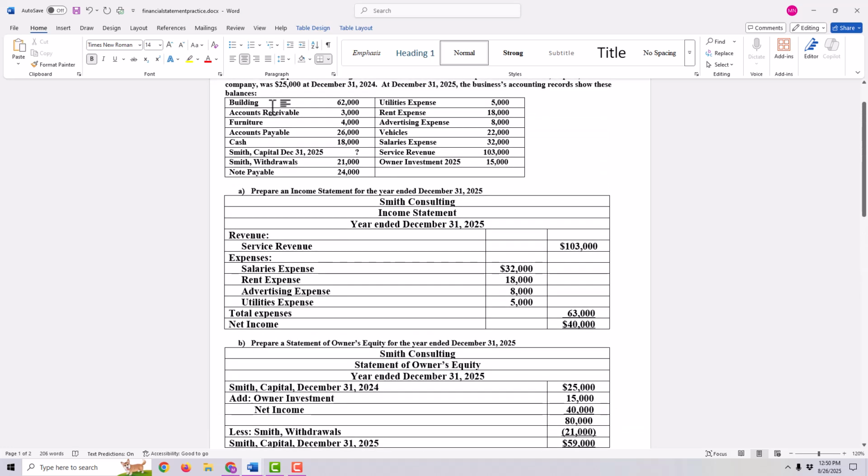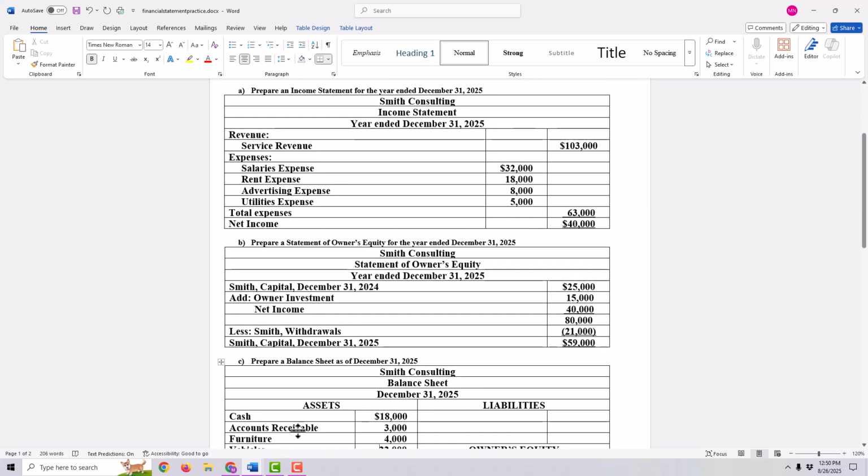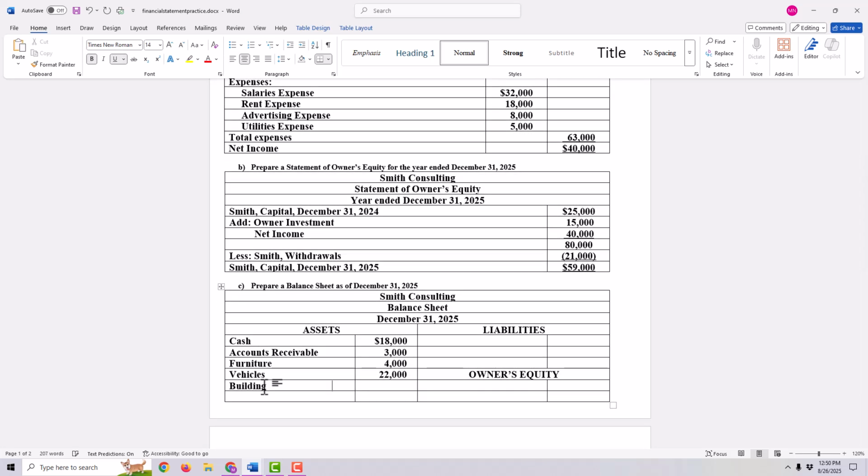And then building would probably be at the bottom. And then what I'm going to want to do is add up these numbers, and I get $109,000 when I add them up. Okay, so I'm going to just put over here on the left total assets.